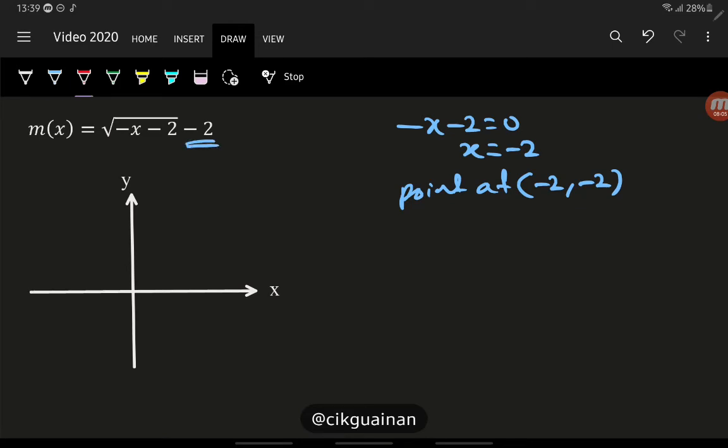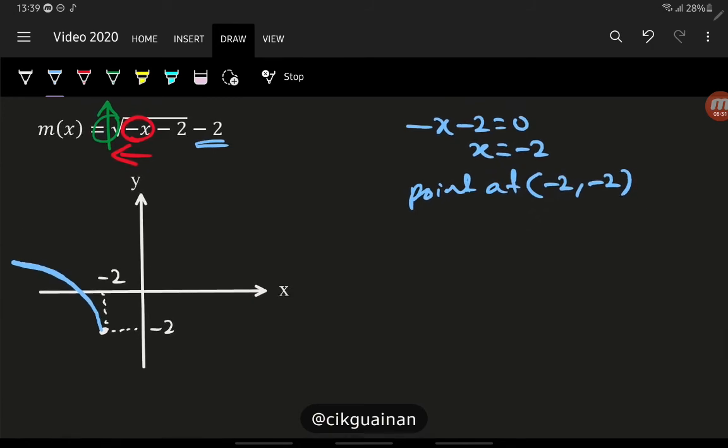Now we need to know the shape. Since this is positive, it's going up. Since this is negative, it's going to the left. So let's locate where minus 2 is. Minus 2 is somewhere here. So our function is like this. This is our m(x).